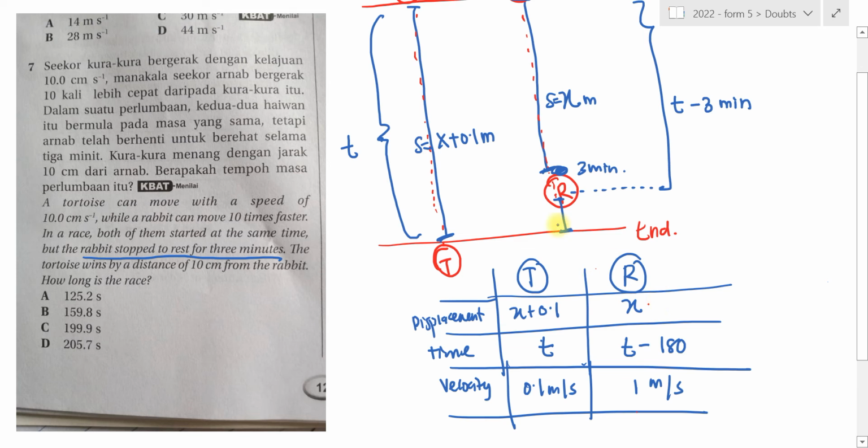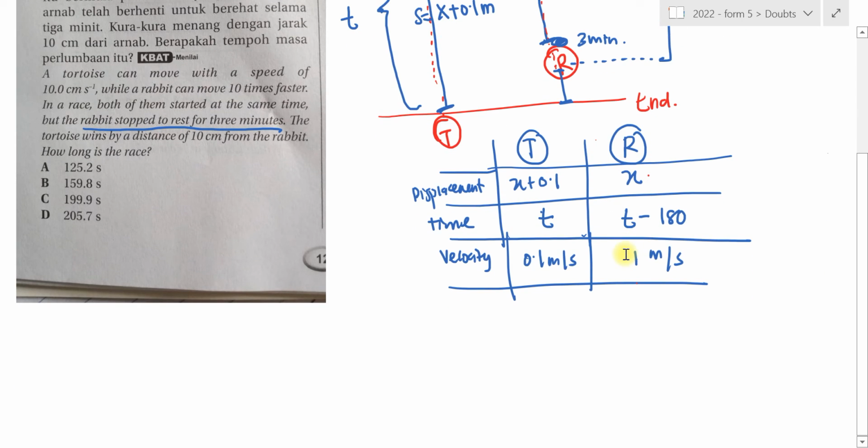From here we know that displacement is equal to v times t. Why do I use displacement equals vt? Because if I take velocity as displacement over time, I get a quotient. I don't want any fraction, I want linear.